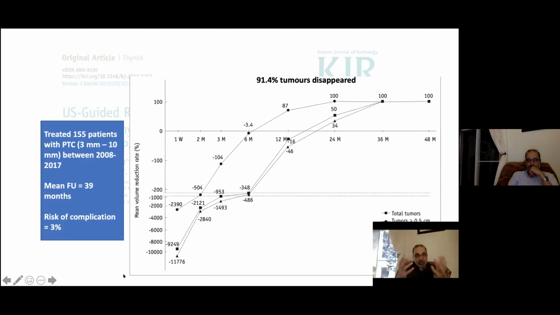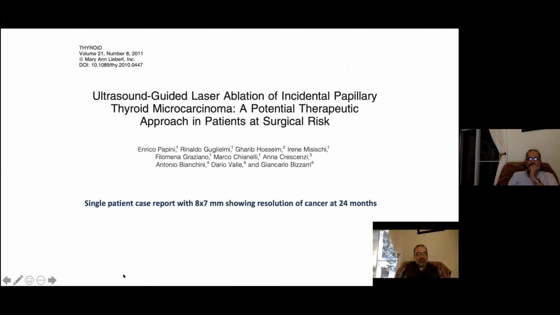So excellent alternative if you choose to do something other than active surveillance. If you decide that you want to do something, then rather than operating and removing half of their thyroid, you could potentially use radiofrequency ablation.